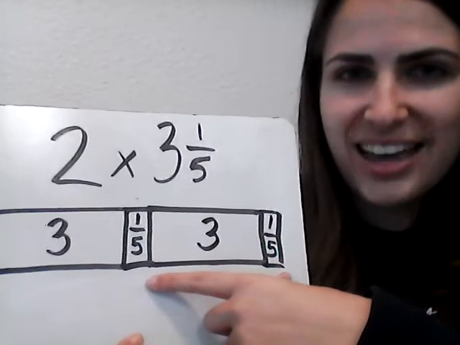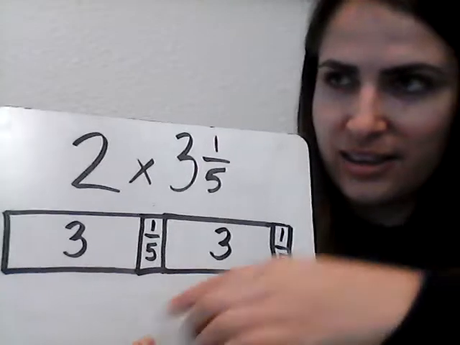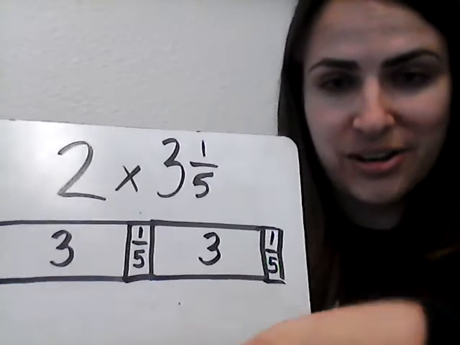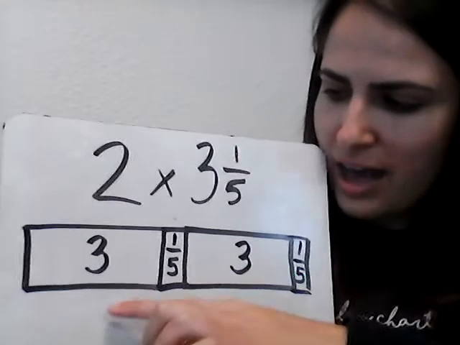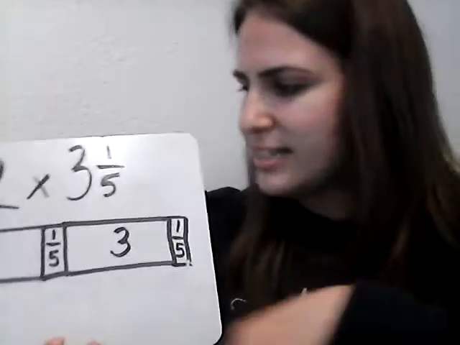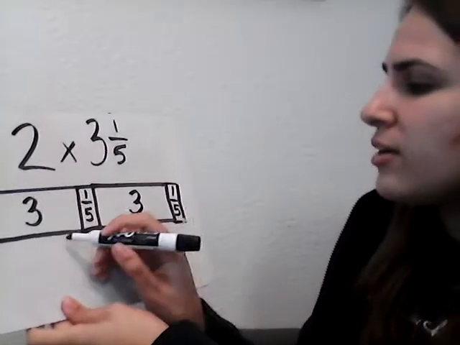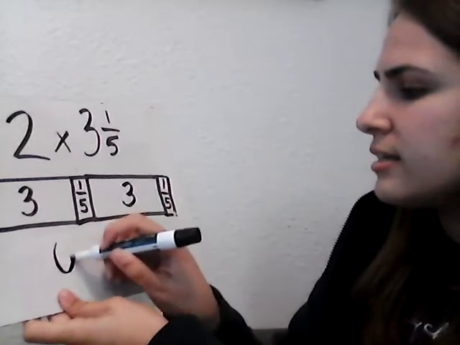And to add it together, I really like to add the like units, the common units. We have ones and we have fifths. So to me, the easiest thing to do is to add 3 plus 3. We know that 3 plus 3 is 6.